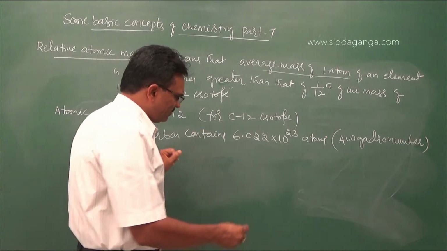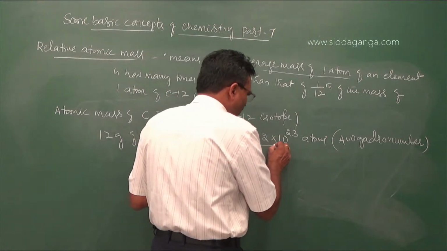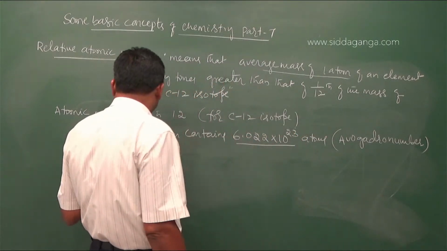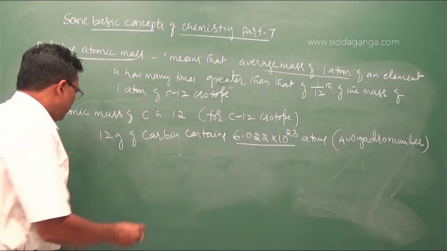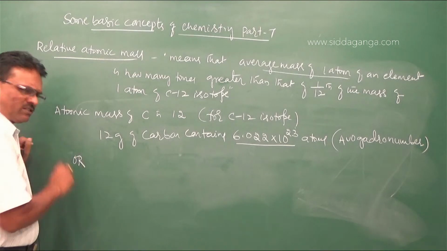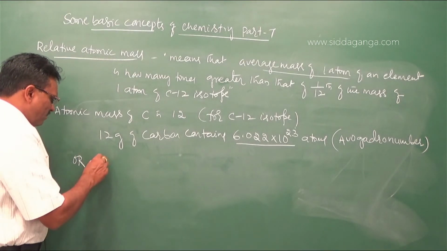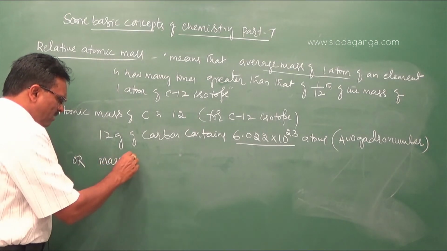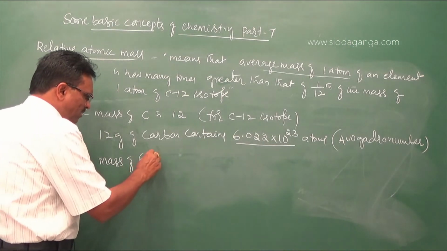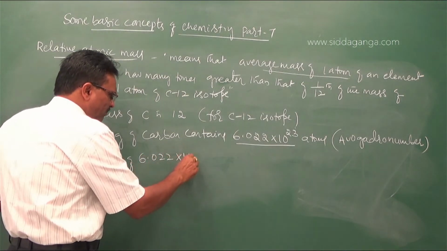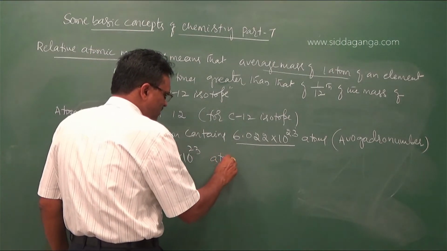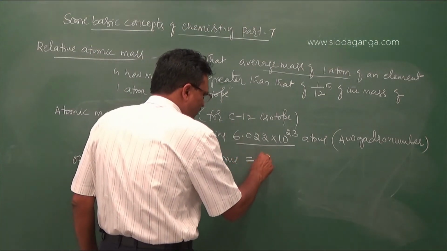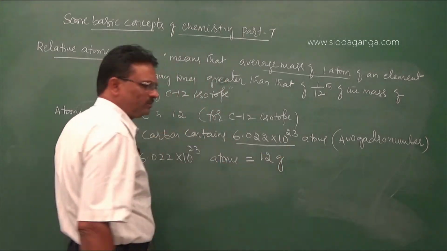Which means that Avogadro number of atoms of the carbon 12 isotope weighs 12 gram. Or in other words, the mass of 6.022 into 10 to the power of 23 atoms is equal to 12 gram.